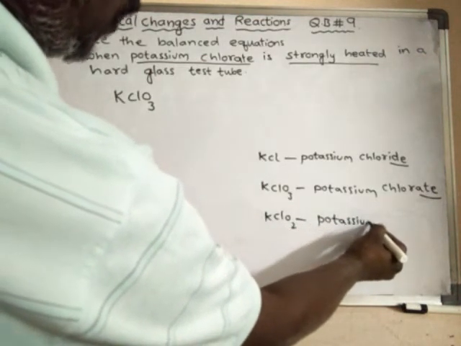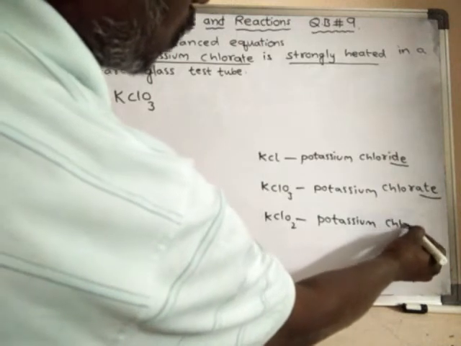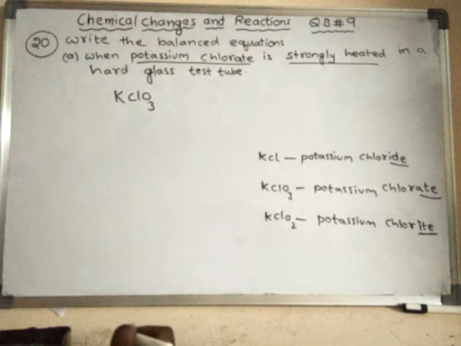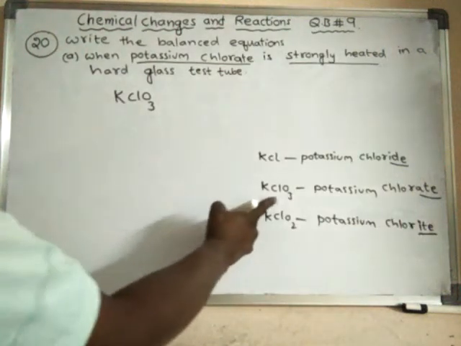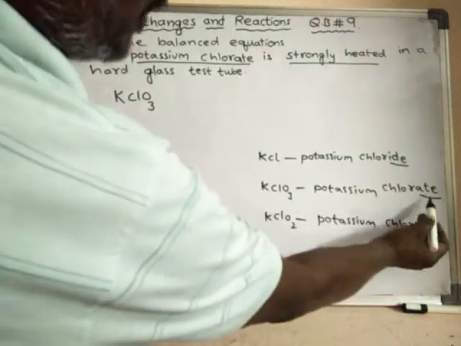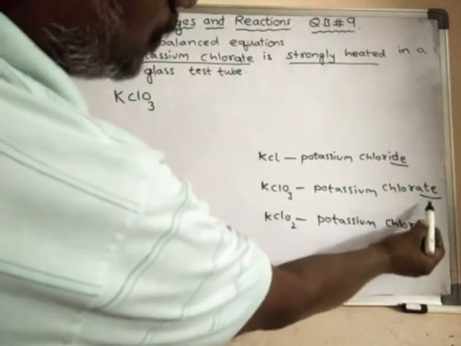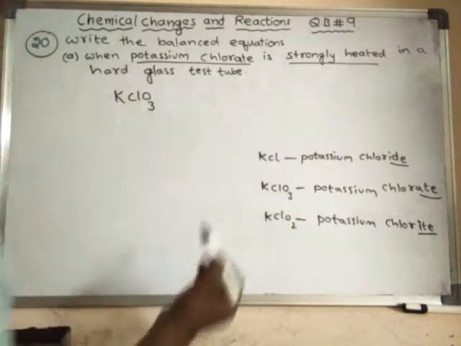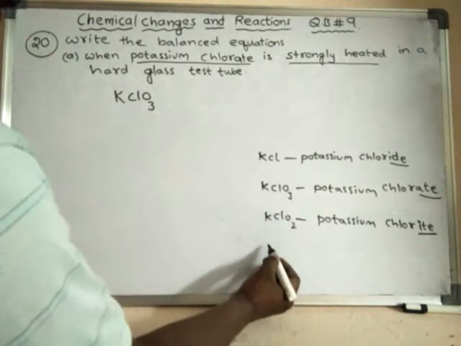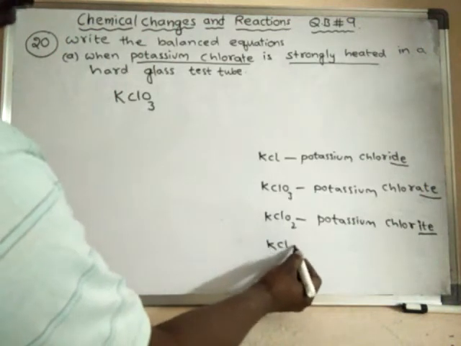This is potassium chlorite. So if one oxygen is less than chlorate, that is chlorite.